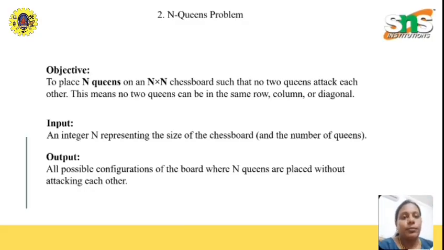The output is all possible configurations of the board where N queens are placed without attacking each other. That means no two queens are present in the same row, column or diagonal. This is the output of the N Queens problem.